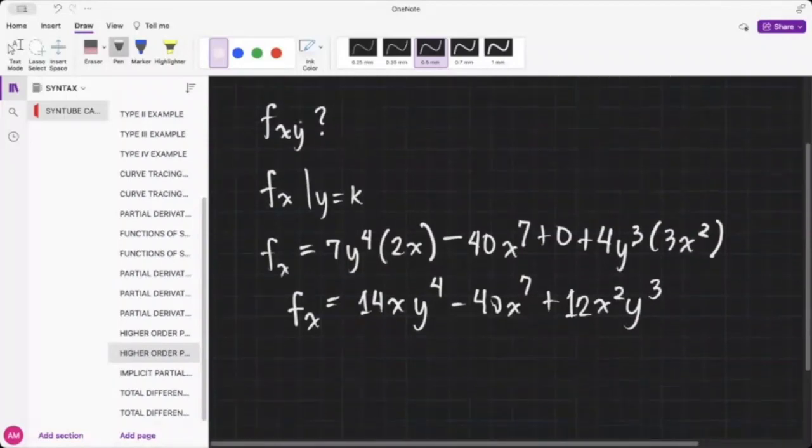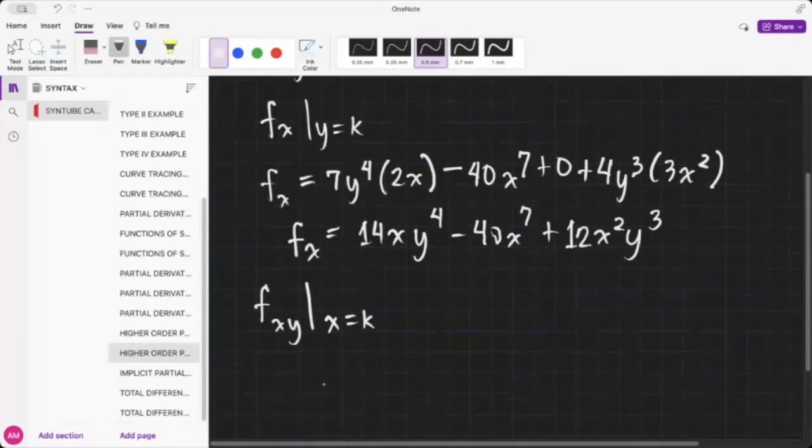Pero, gusto natin fxy. So, itong nakuha natin dito, kunin natin yung partial derivative na to with respect to y naman ngayon. So, fxy, ngayon naman, lahat ng x constant. Huwag kayo malilito ah. So, we'll get fxy is equal to, lahat ng x constant.